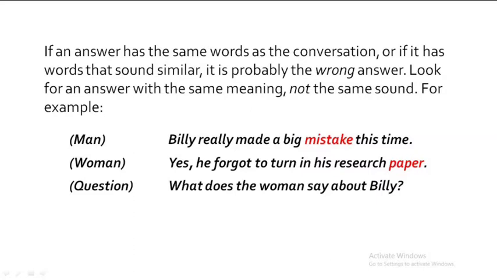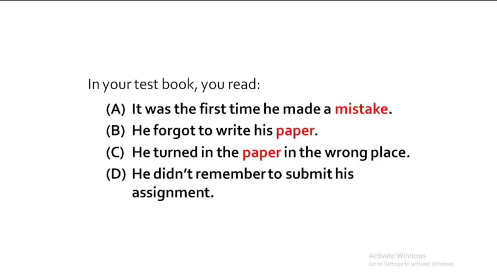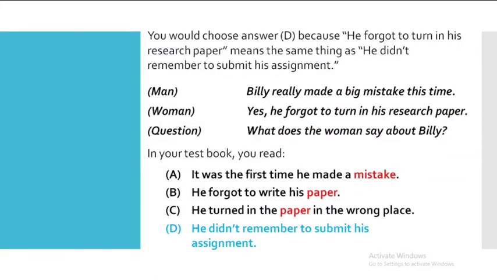For example, this conversation. You can find the words mistake and paper here. And in your textbook, you can find the words in the 3 choices. So, using the 3 strategies, you can conclude that the answer is D.